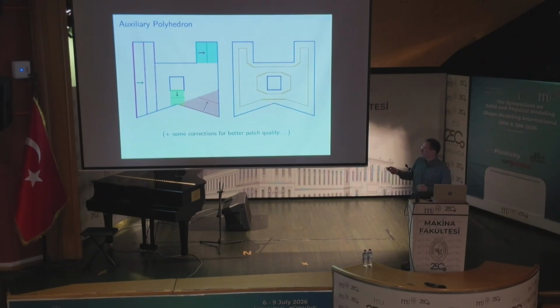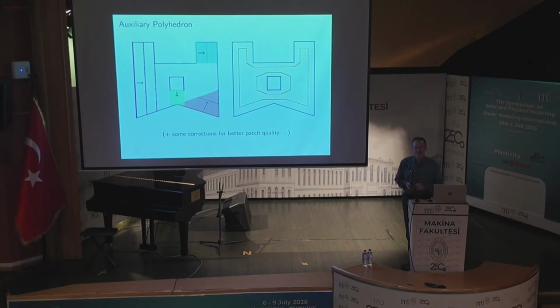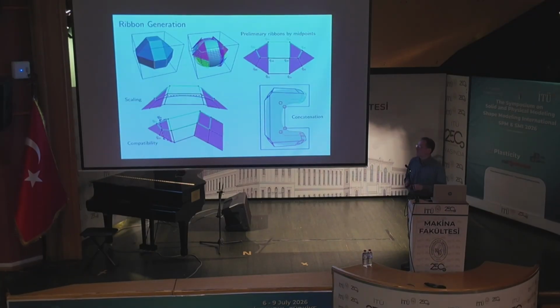In this case, for 70%, we have this yellow polygon. Note that the concave corners are replaced by segments in this shrunken polygon. So this is how we create the faces, then we connect these vertices, and we get the auxiliary polyhedron.